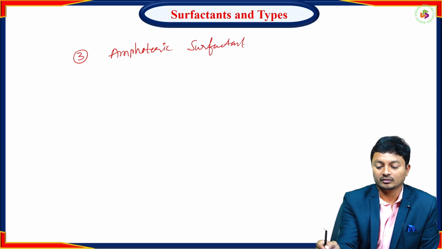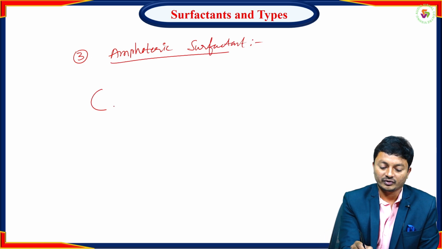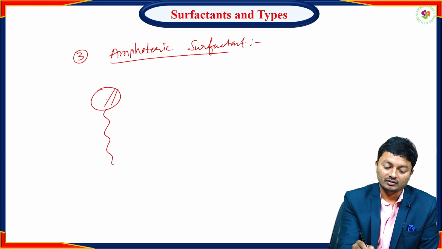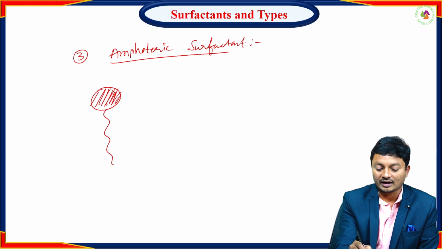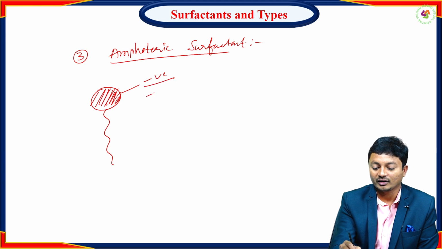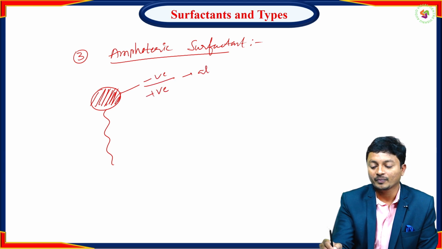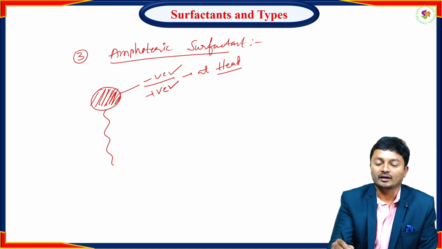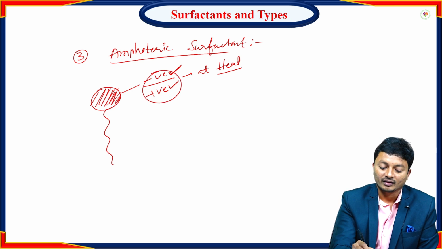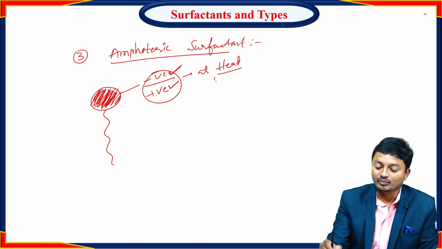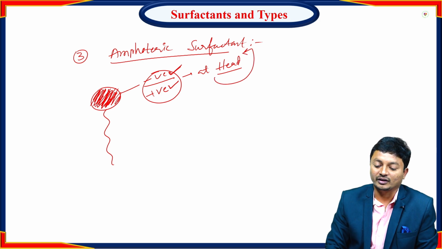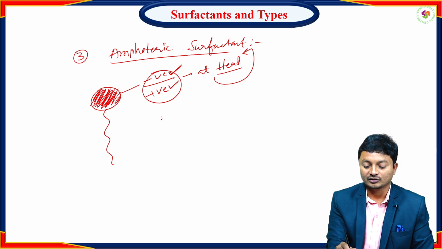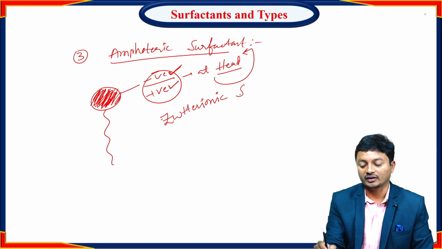In this type of surfactant, both anionic and cationic charges, positive and negative, are present at the head portion of the surfactant. This type of surfactant is also known as zwitterionic surfactant.